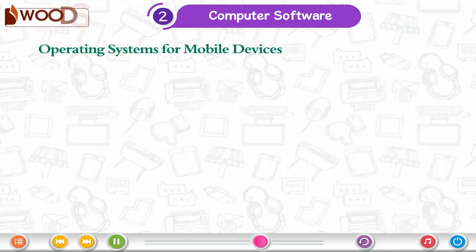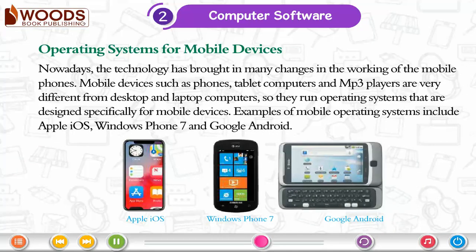Operating systems for mobile devices. Nowadays, technology has brought in many changes in the working of mobile phones. Mobile devices such as phones, tablet computers, and MP3 players are very different from desktop and laptop computers. So, they run operating systems that are designed specifically for mobile devices.